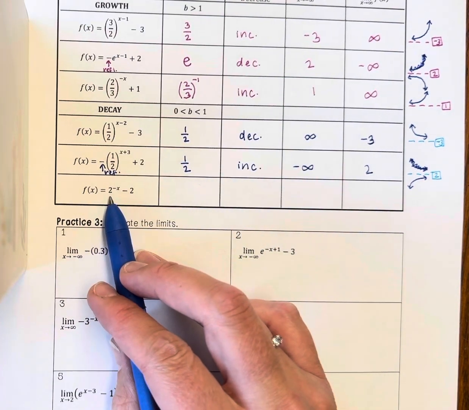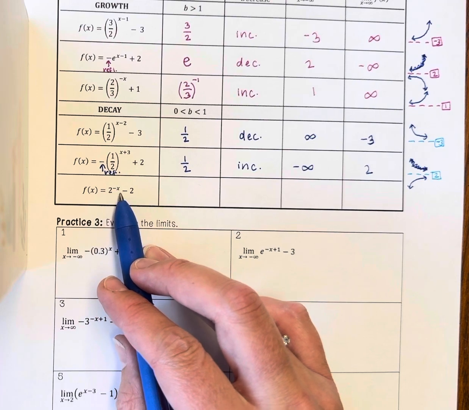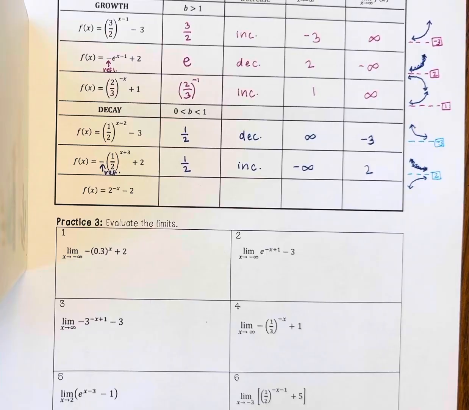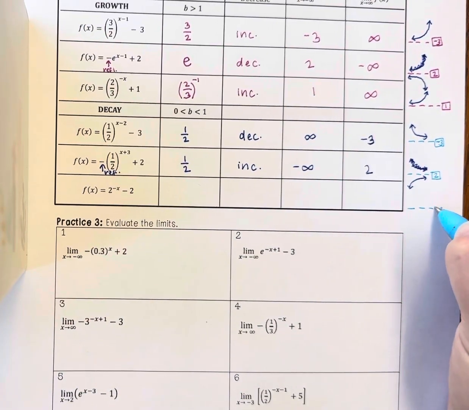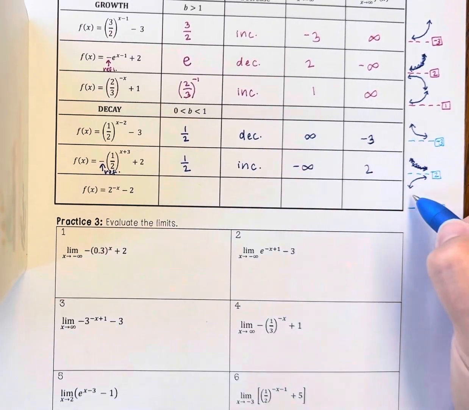And then the last one is 2 to the negative x. 2 would really be a growth graph, but the negative is making it a decay graph. The asymptote is at negative 2. And we're going to do decay.